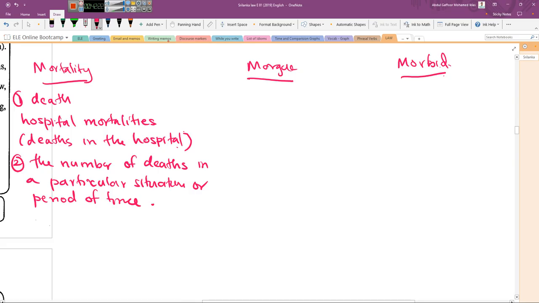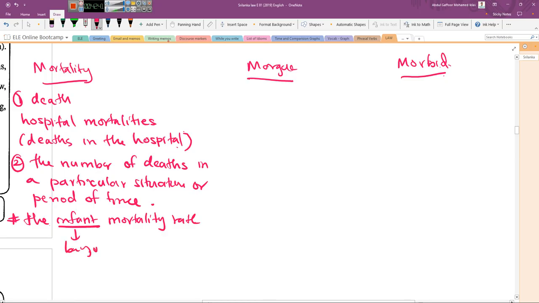Okay, right. So the example sentence is the infant mortality rate. Now you see, infant means baby, right?